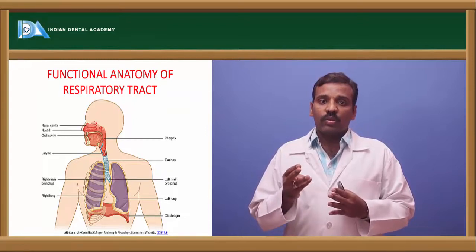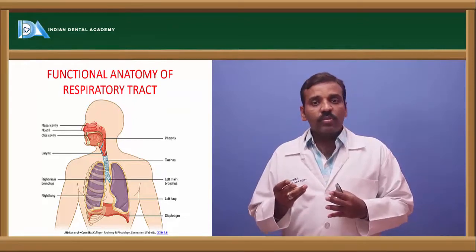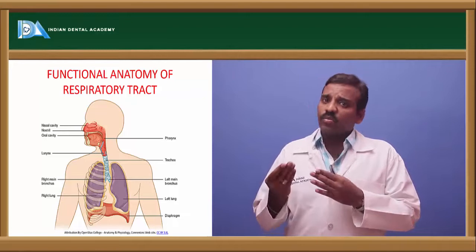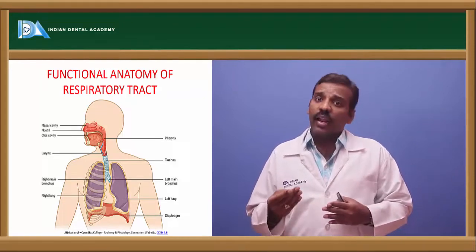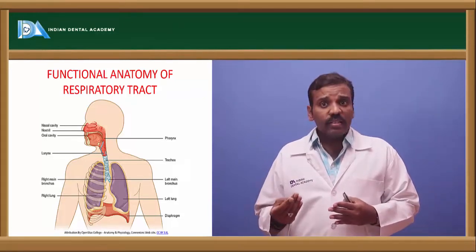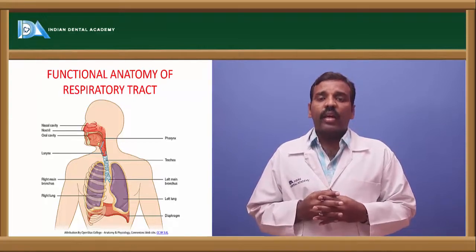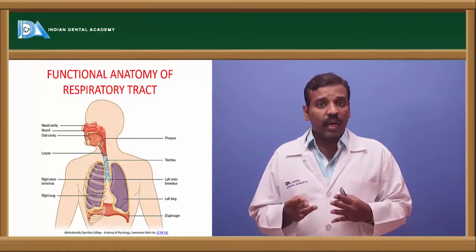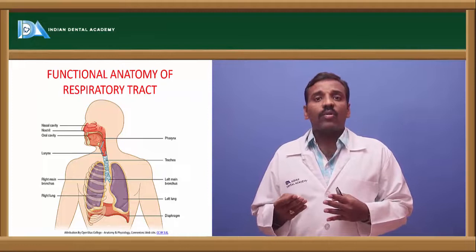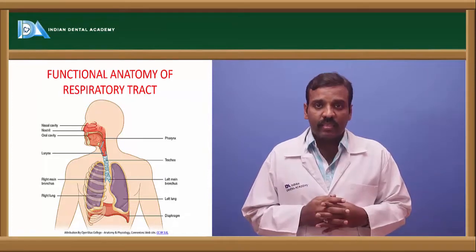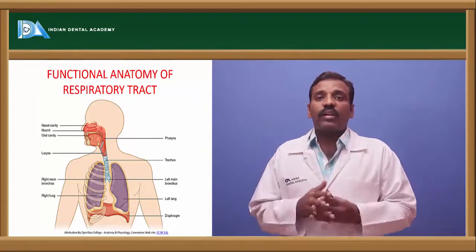The lungs include bronchi, bronchioles, alveoli, and alveolar sacs. This is the respiratory system.